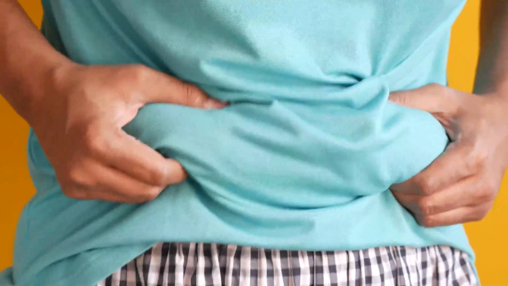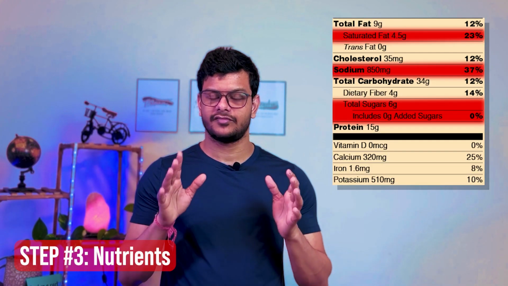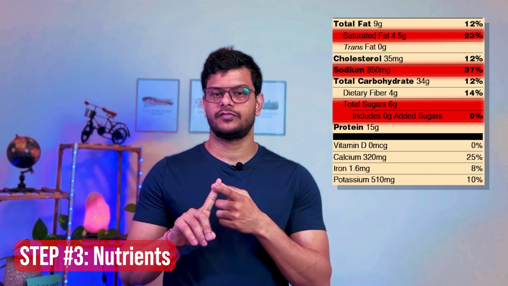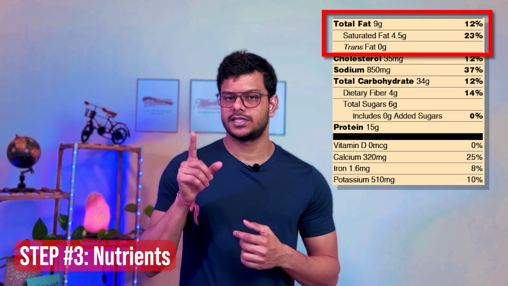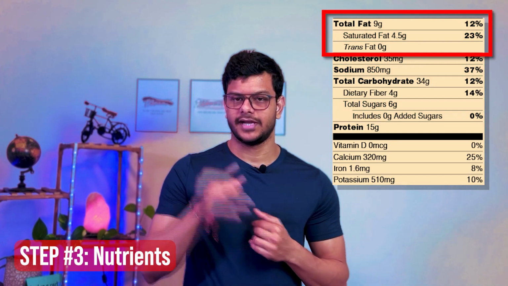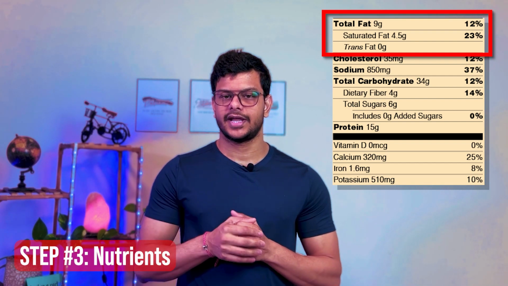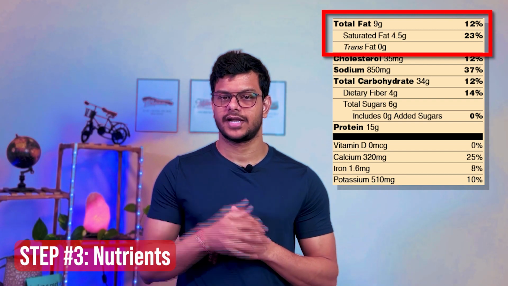In this example, the total fat which you see is the fat you get from a single serving, which includes the saturated fat, unsaturated fat, and trans fats. So in the example, we see that total fat is 9 grams, and among that 9 grams, 4.5 grams is the saturated fat and 0 grams is the trans fat.